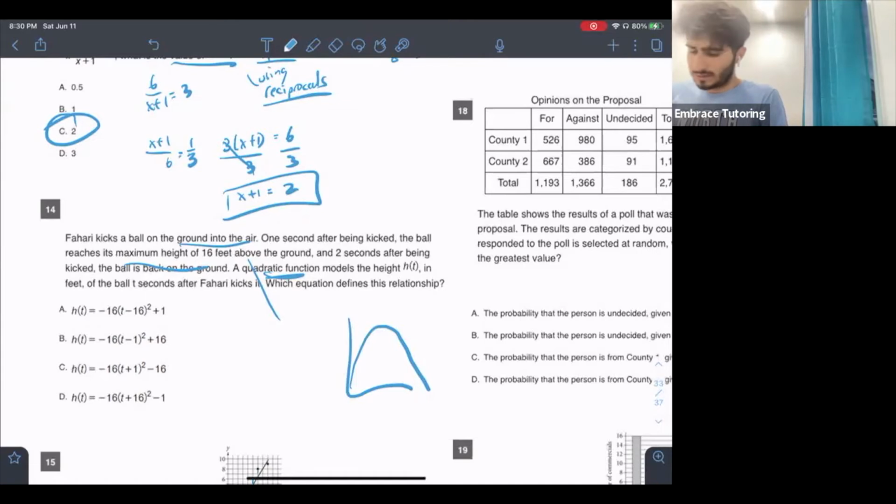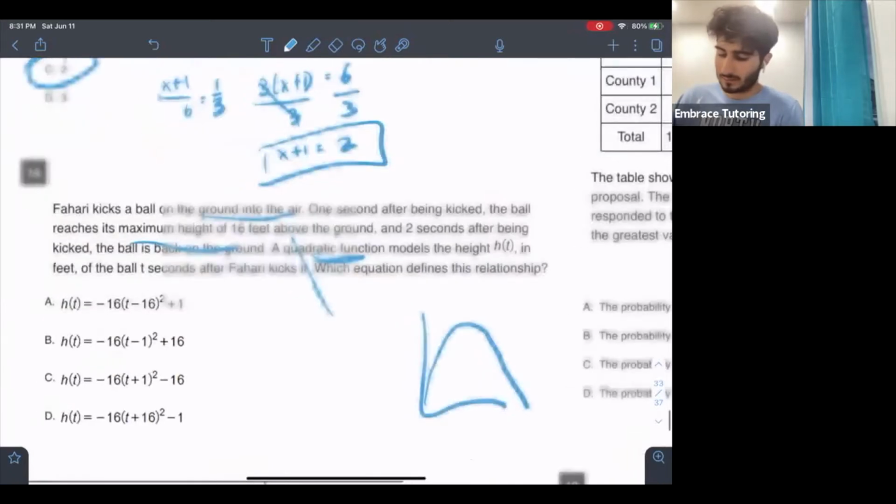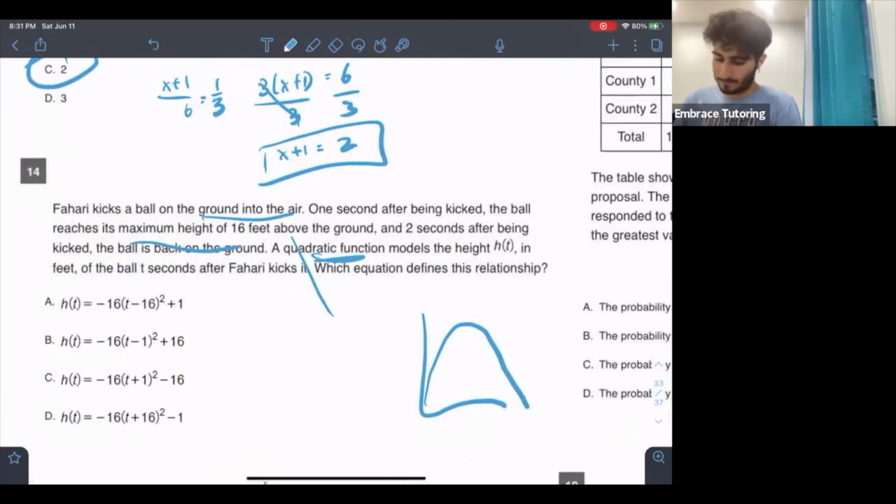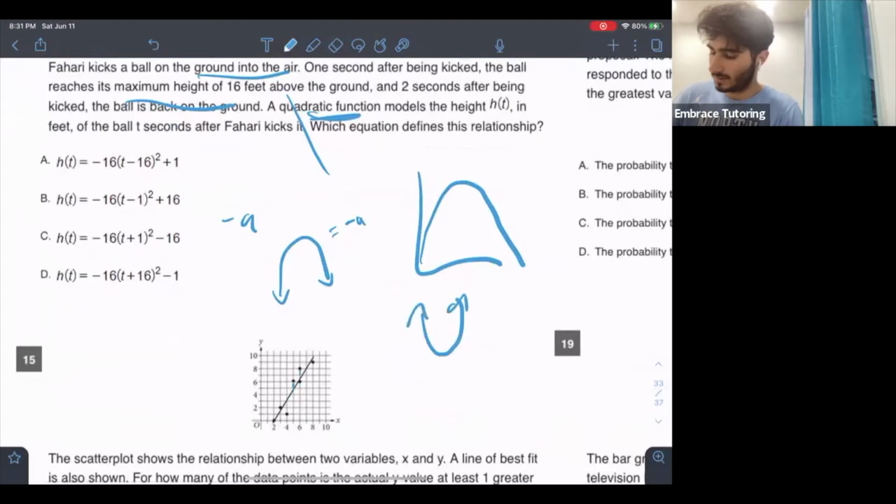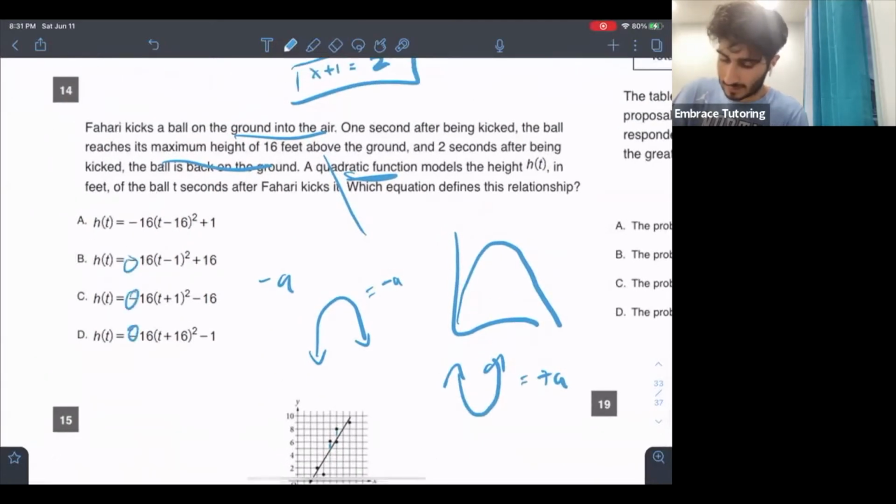Which equation defines the relationship? Basically, since it's curving downward, like curving this way, it has to be a negative a. If the quadratic was shaped the other way, then it would be positive a, which is why they have the negative signs.